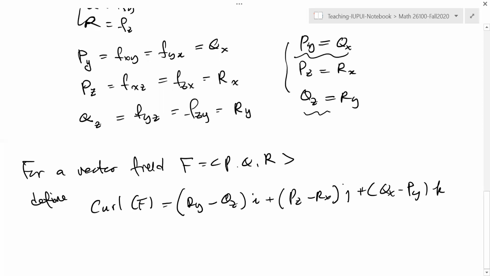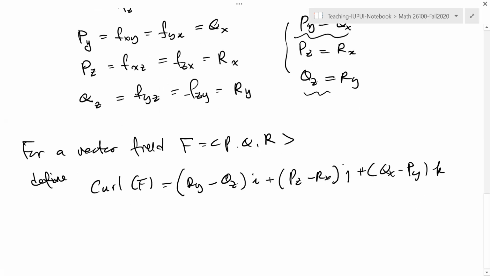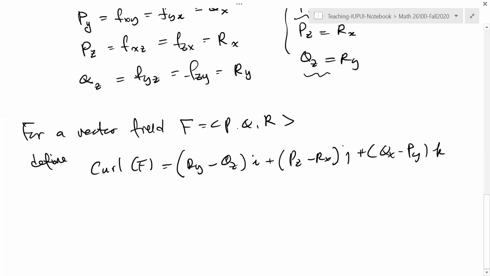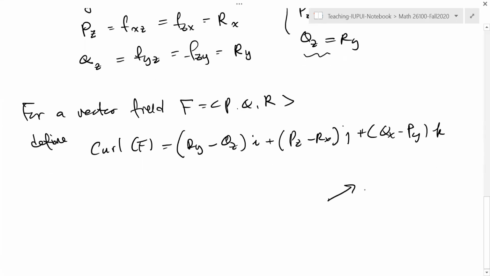This is still a vector in three-dimensional space. So the curl of F is still a vector. If this is the vector F, the curl vector may be in that direction.